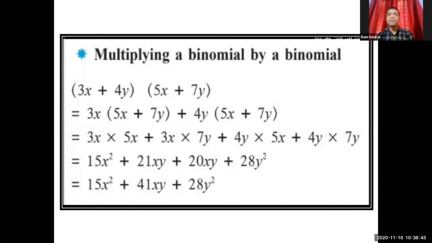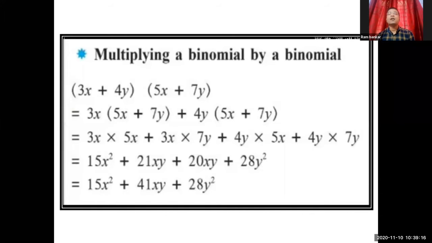Now the next step is to solve this. You have to multiply both the terms in the bracket by 3x: 3x multiply 5x, 3x multiply 7y. Now put the plus sign as it is, that is 4y. Now we have to multiply 4y to both the terms in the second bracket: 4y multiply 5x plus 4y multiply 7y.